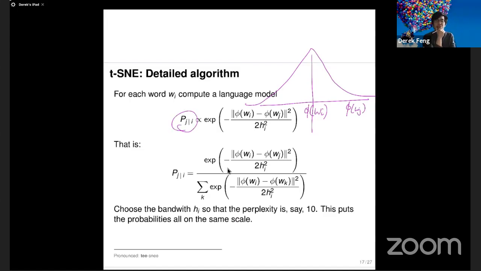I can basically create this pj given i by doing this normalization, and hi is the bandwidth. Hi corresponds to, you can think of it as, how fat the Gaussian kernel is.